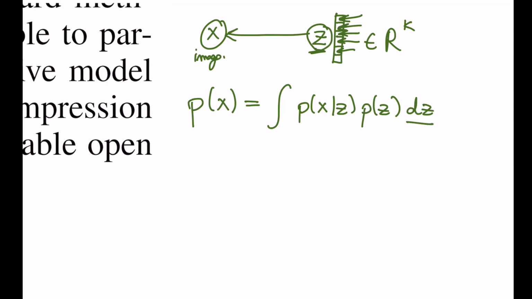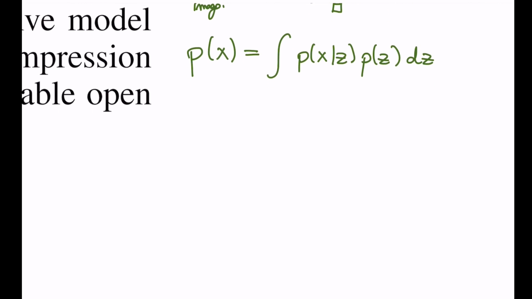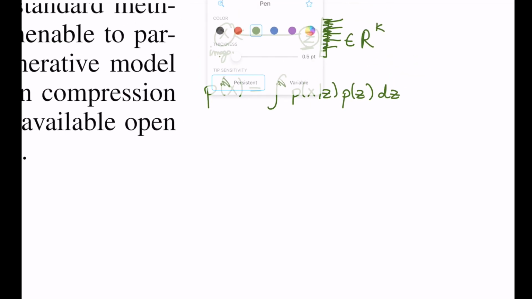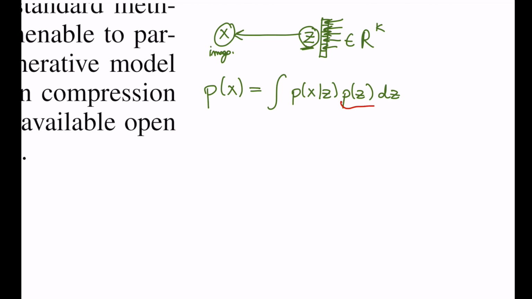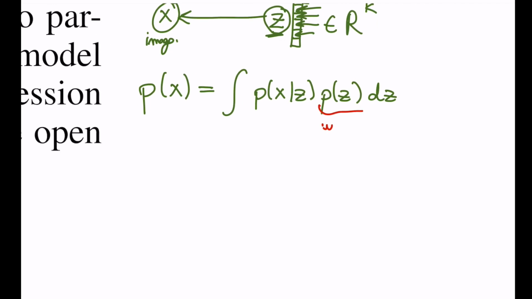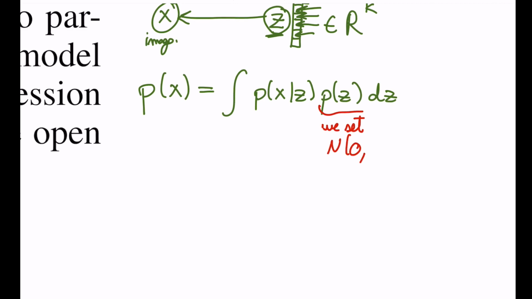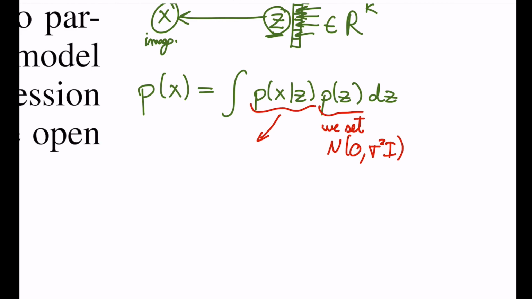So we marginalize across all possible latent variables and we create X. The whole point is that P of Z can be a very simple distribution, something like an isotropic normal.